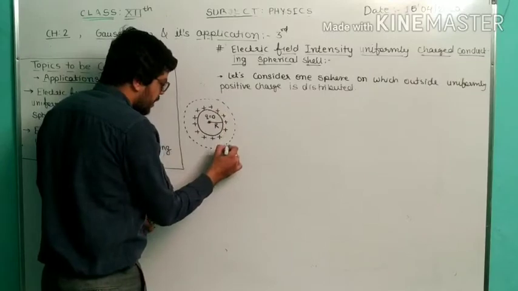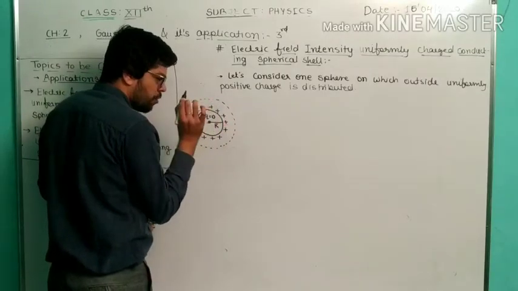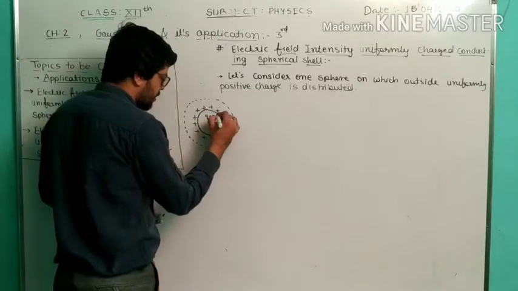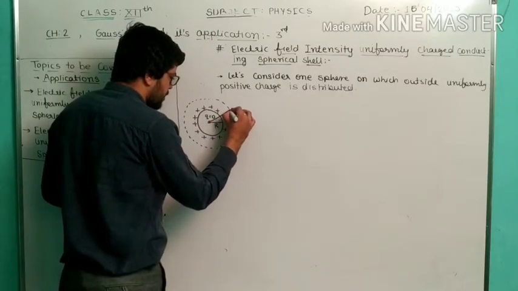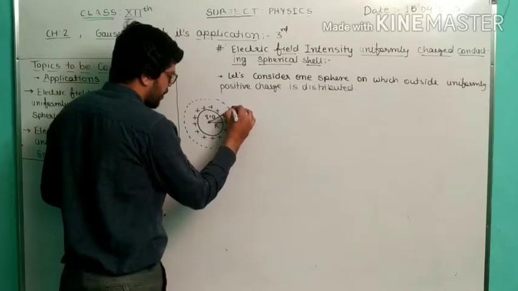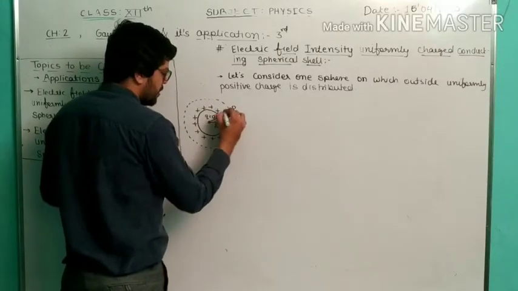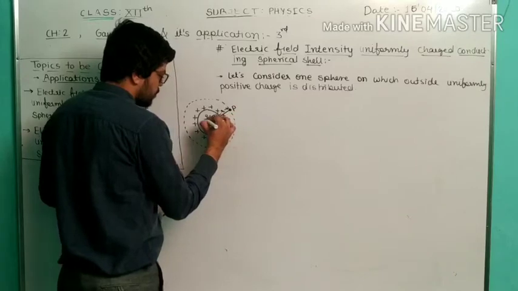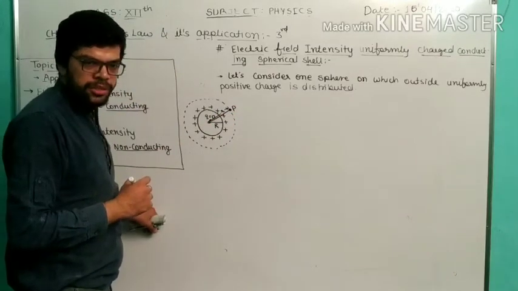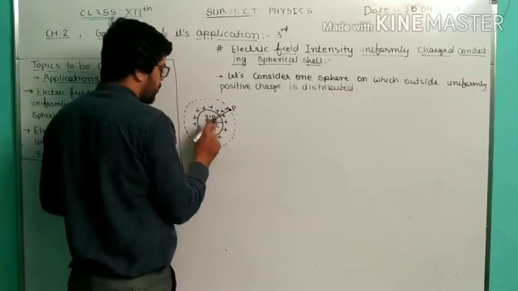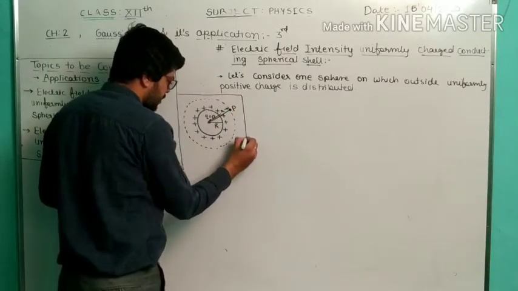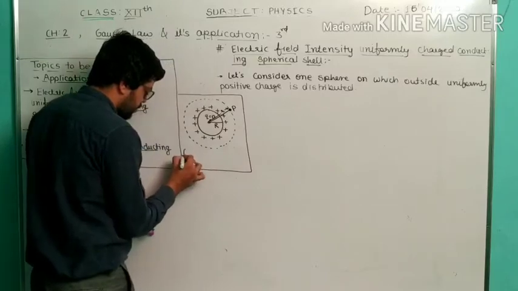This is your imaginary sphere and this is your original sphere. The original sphere radius is smaller, and the imaginary sphere, at point P where we have to find the electric field, is larger. Please keep this understanding of the diagram in your mind.